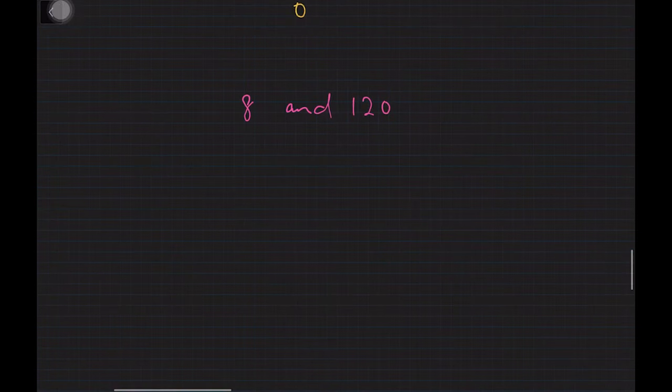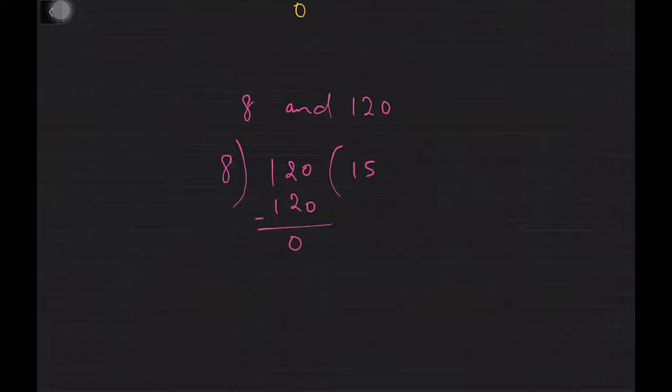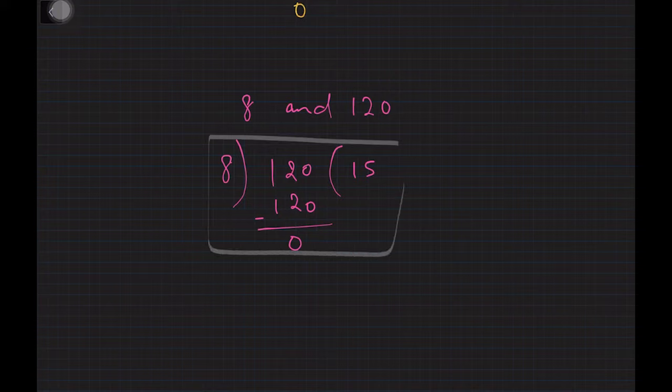So let's begin with the method. 8 is the least number, so it is considered as the divisor, and 120 is the bigger number, it is considered as the dividend. So 8 15s are 120. So we get 0 in the first step itself. Now the first step itself will be the last step.